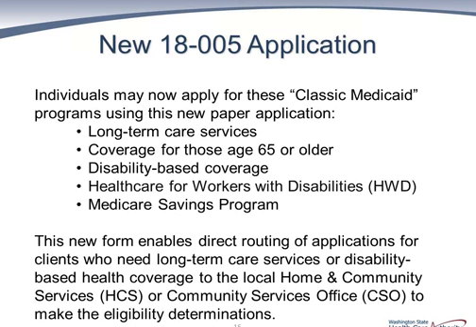As you probably know, with the application for MAGI, which is the 18001, when you turn that application in, it gets routed right over to Healthcare Authority and right to the Health Benefit Exchange to be entered through the Health Plan Finder. And quite honestly, that became a barrier for families.